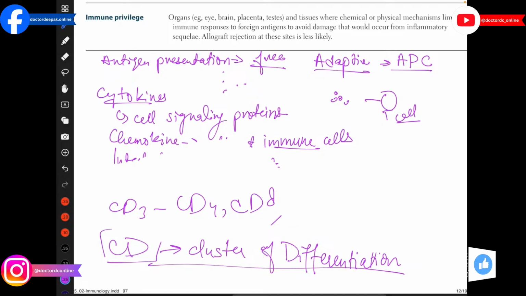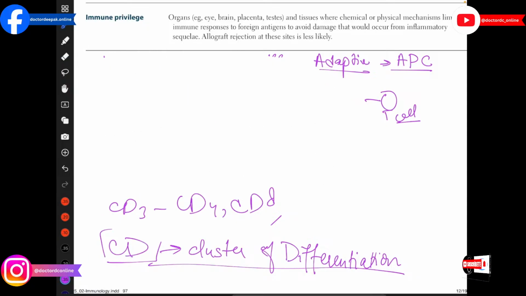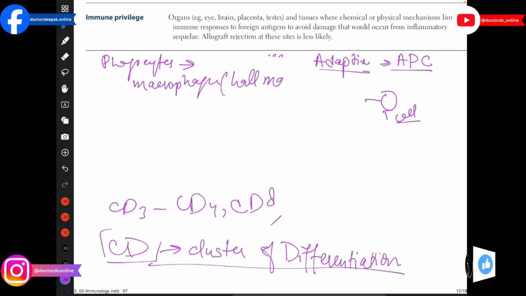We also have the innate immune system, in which there is phagocytosis, and in phagocytosis the macrophages are the hallmark, and also neutrophils are there.